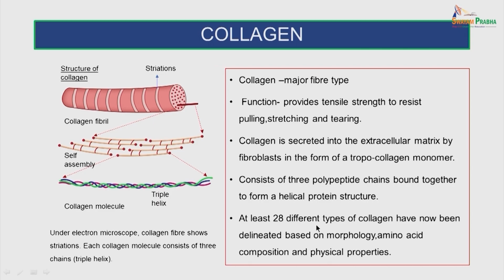At least 28 different types of collagen have now been delineated based on morphology, amino acid composition and physical properties. We can see the 3 polypeptide chains of the collagen molecule here forming a triple helix. This is the structure of collagen.